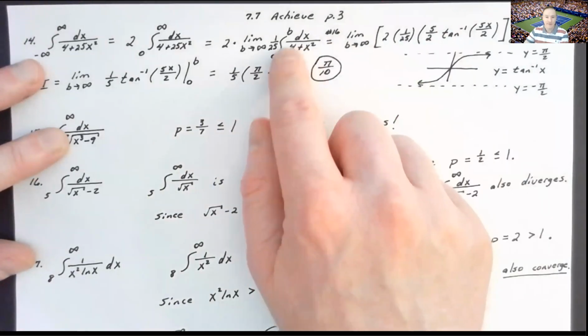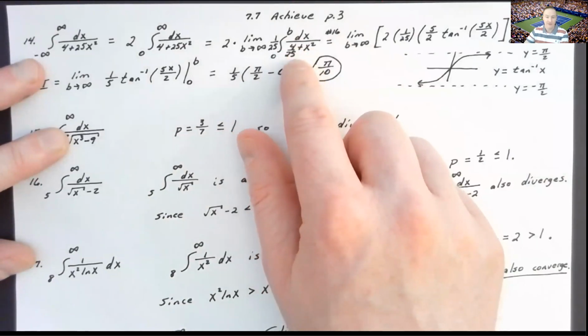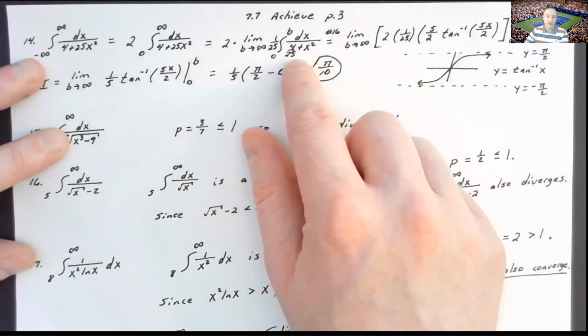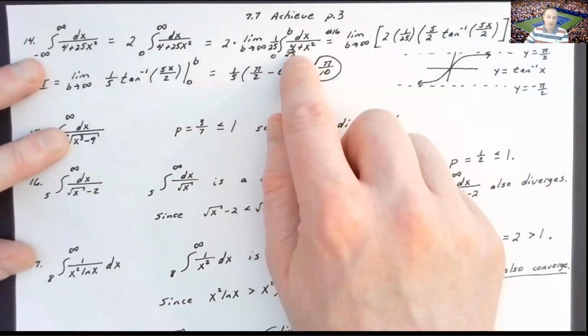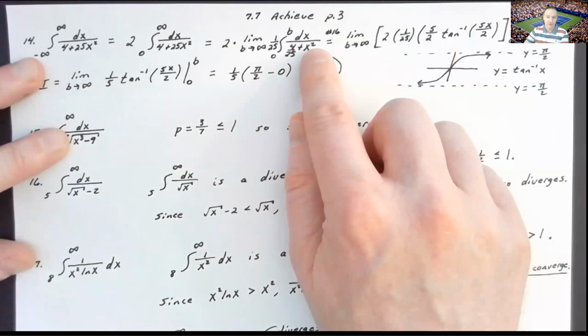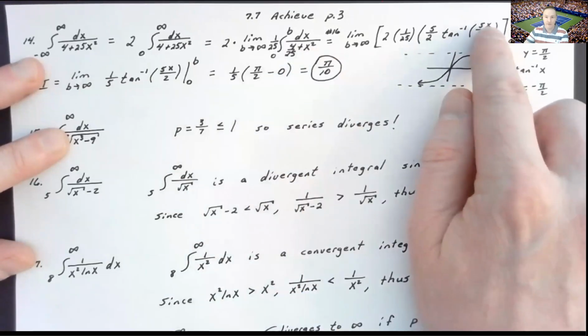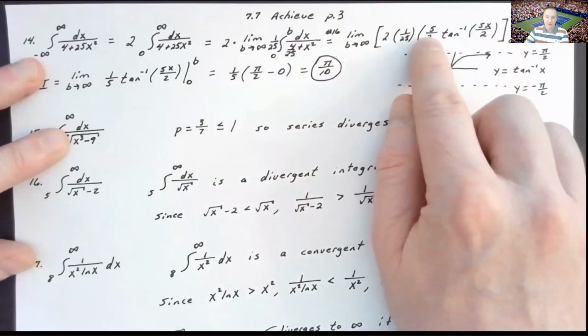So a squared in this case is 4 over 25. So 1 over a would be 1 over the square root of this number. Square root of this number would be 2/5. 1 over that gives me the 5 over 2. And then the x over a becomes x divided by 2/5, or 5x over 2. So same thing there.